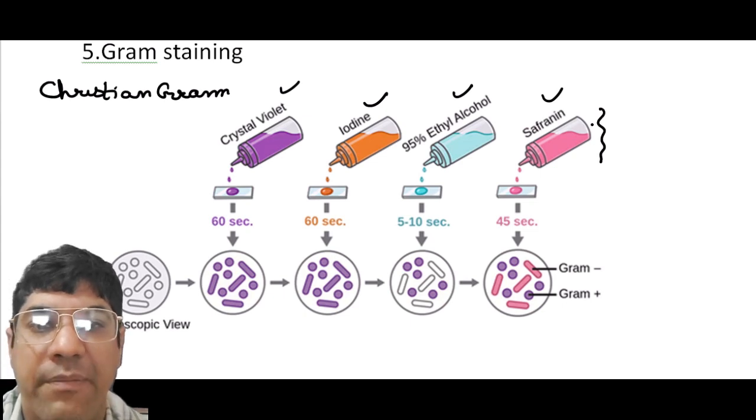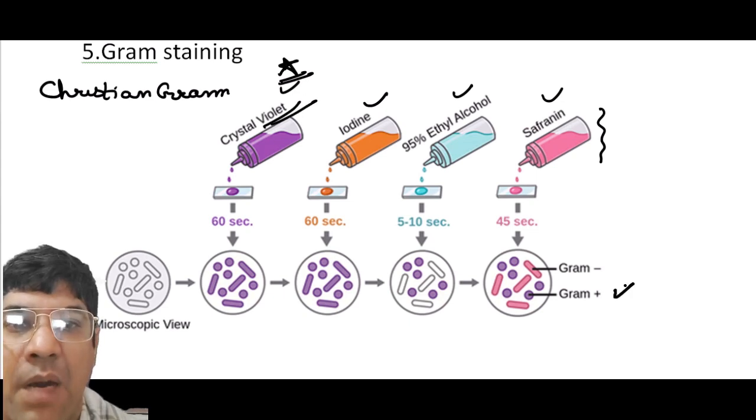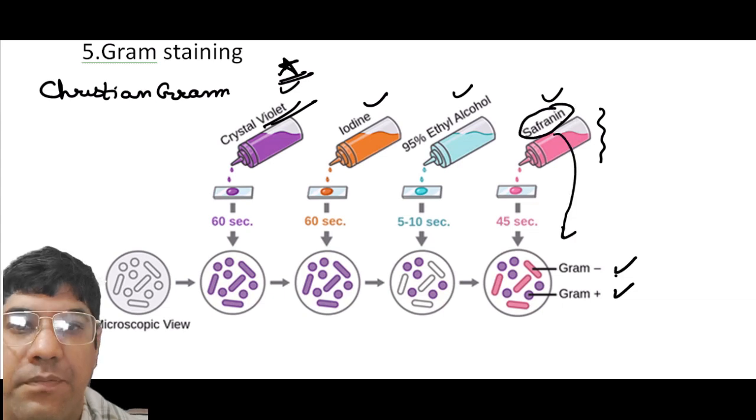The gram positive bacteria will retain the primary stain, that is crystal violet, whereas the gram negative bacteria are decolorized and take the counter stain. The counter stain is safranin, appearing red.